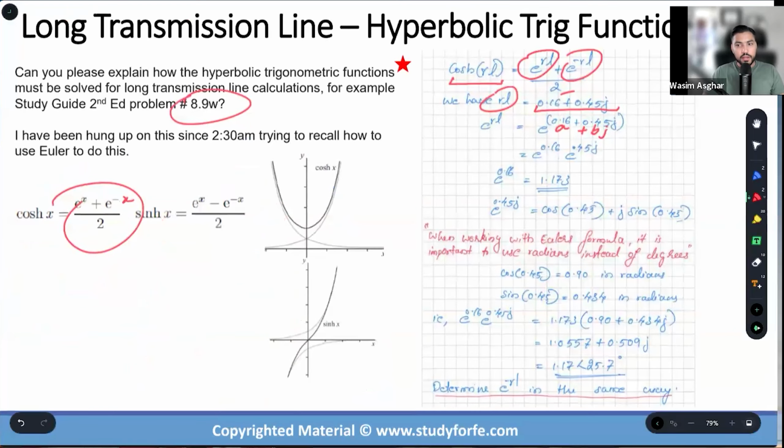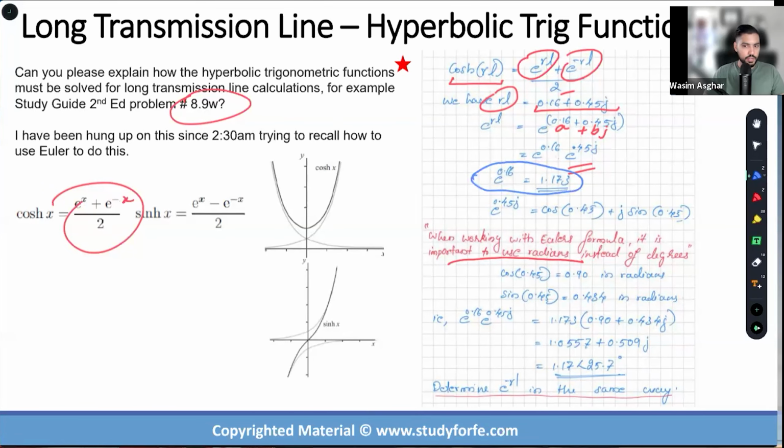Make sense? So unless mentioned otherwise, these numbers, 0.45, you are going to interpret this as what? Radians. Okay. If you are explicitly given the angle in degrees, then you are going to consider that as degrees. So we know that e to the power of 0.16 is simply equal to a constant, 1.173.